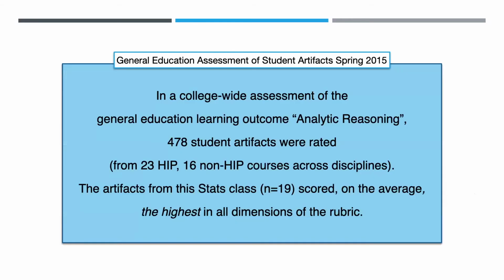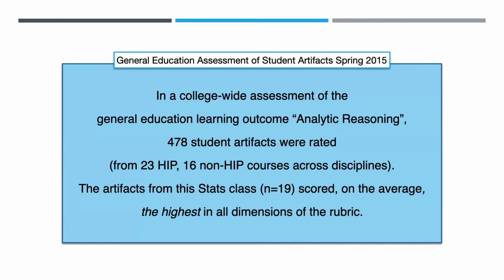In addition, as I mentioned, I had my student papers submitted and participating in the college-wide assessment of the general education learning outcome for analytic reasoning. In all, the college reviewed 478 student artifacts. They were rated using a rubric.